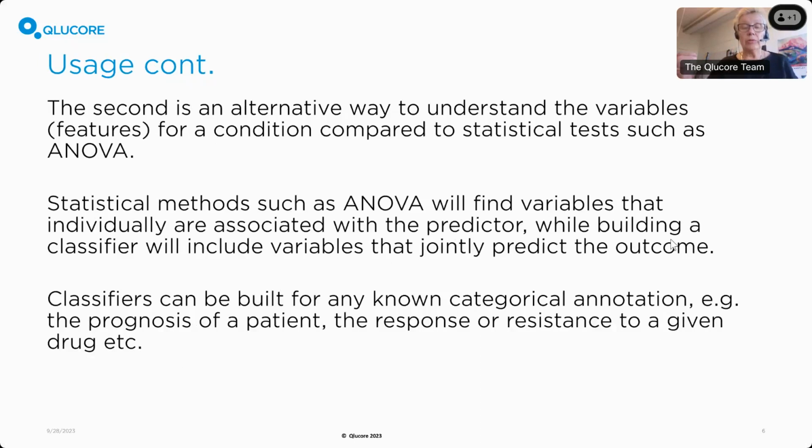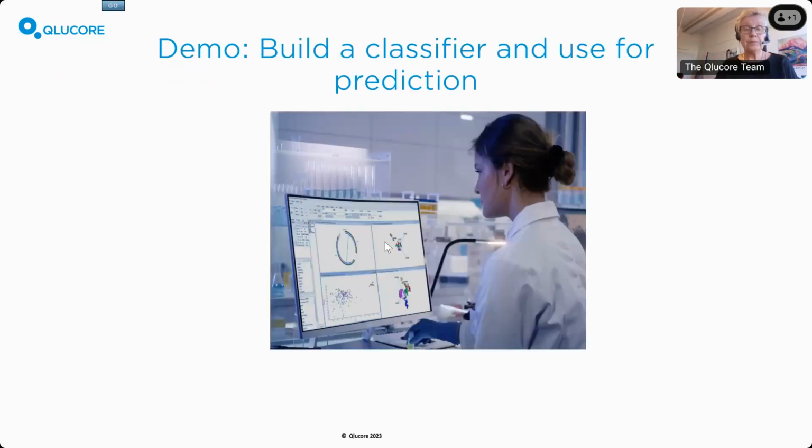But when you build a classifier, it's the combination of the variables that will predict the outcome. And you can build a classifier for any categorical annotation. So the prognosis of a patient, the response to or resistance to a given drug, subtype or different subtypes of a disease, and so on.